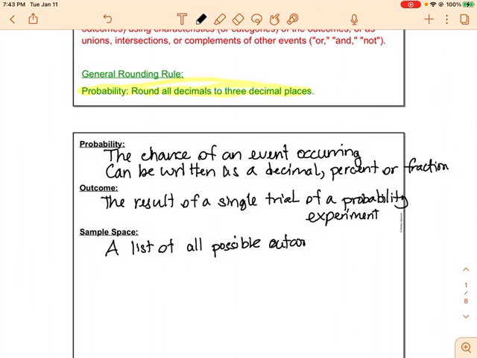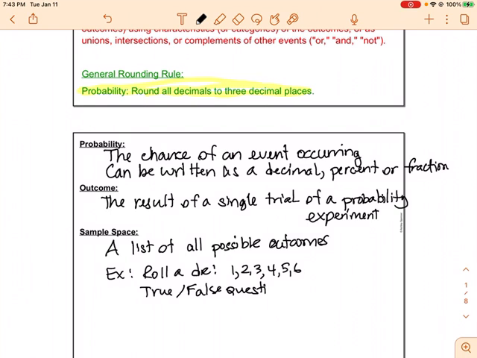So some examples. If we roll a single die, we could have 1, 2, 3, 4, 5, 6, basically the numbers on the die. If it's a true, false question, then we have true or false, naturally.